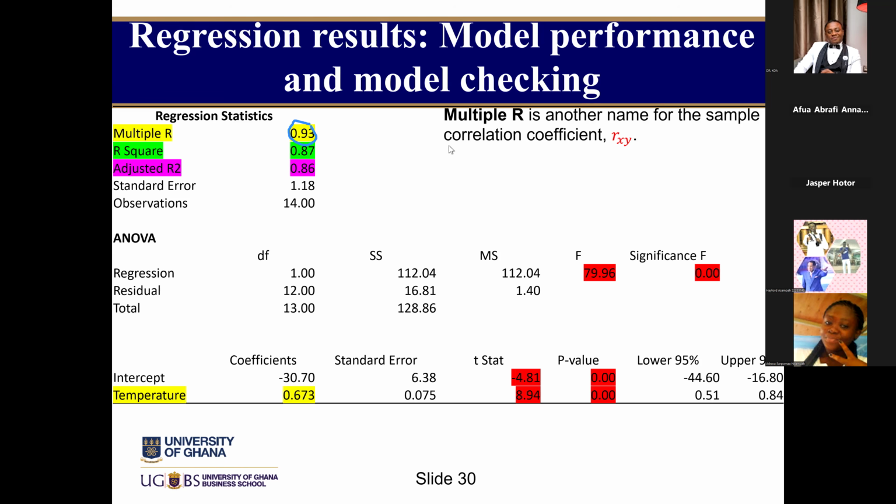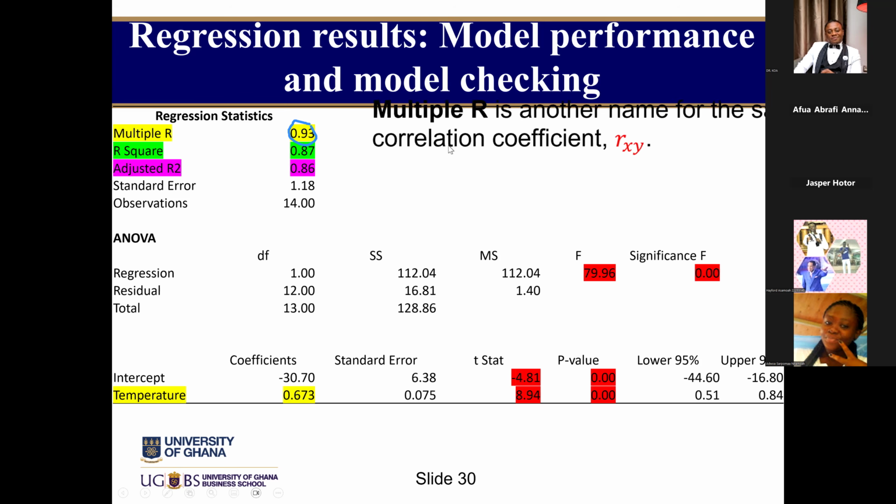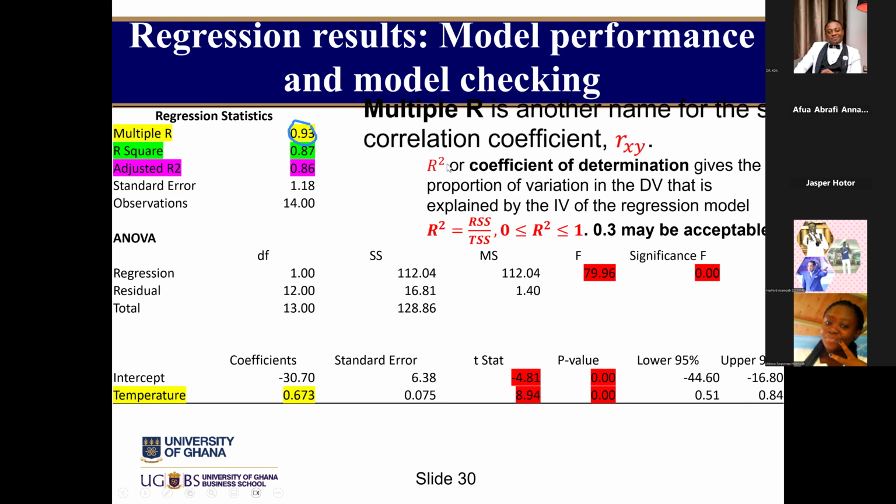What does the R square do? Well, the multiple R is a correlation coefficient in this case. But when you look at the R square, it is very important. It's also called the coefficient of determination. It tells you the percentage of variability in the dependent variable that is explained by all the independent variables of the regression.